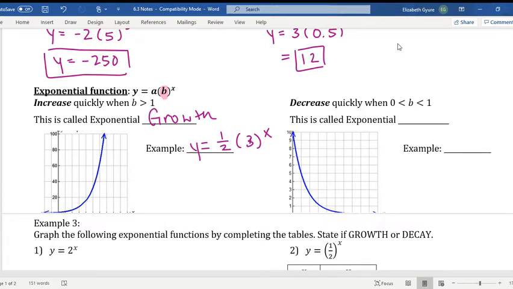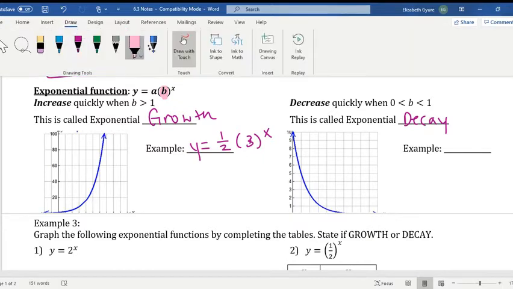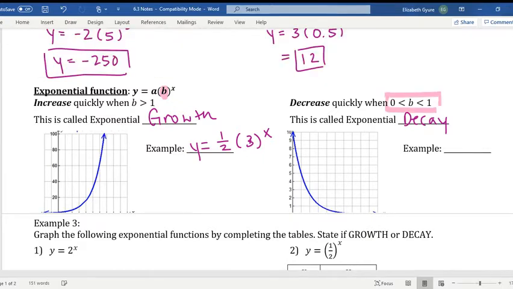We can also have exponential decay, and that is where our graph decreases quickly. So our values start up high and then they decrease quickly. The bottom here is cut off, but there should be a graph right there. So when our b value is between 0 and 1, so numbers like 1/3, 1/2, 1/4, things like that.